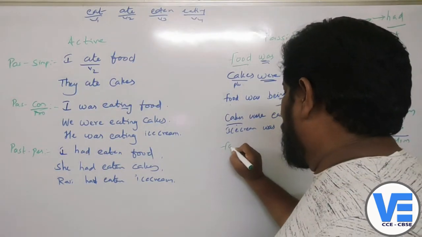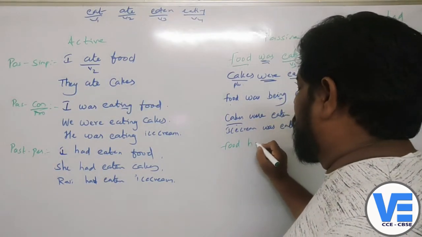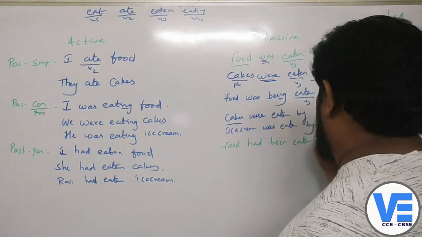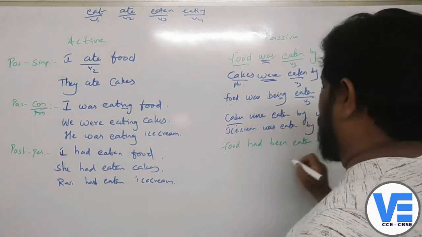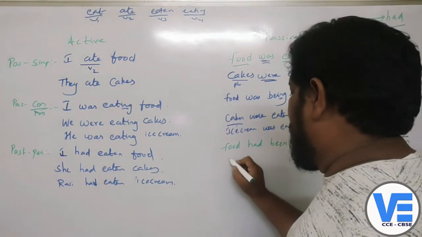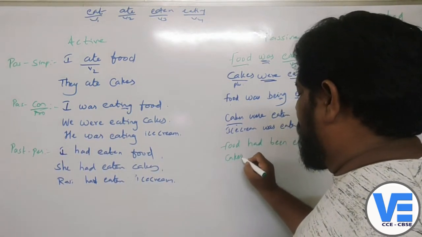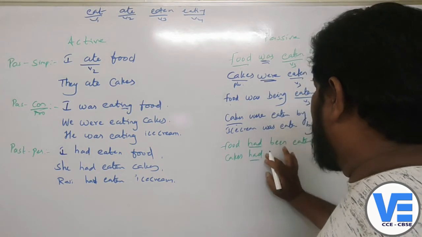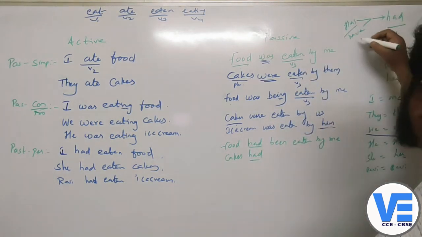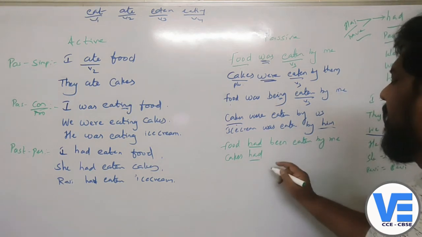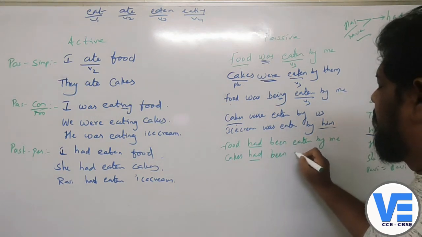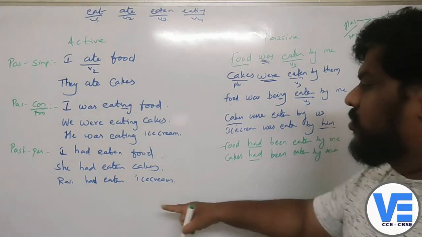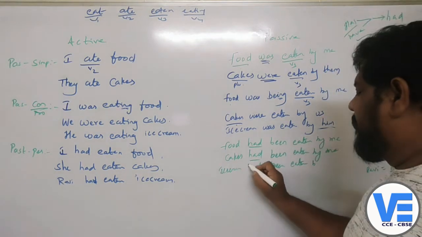Here I'm writing food had been eaten by me. She had eaten cakes. Cakes had been eaten by her. Why are you writing had here? Because it is the past tense of have or has. So Ravi had eaten ice cream.